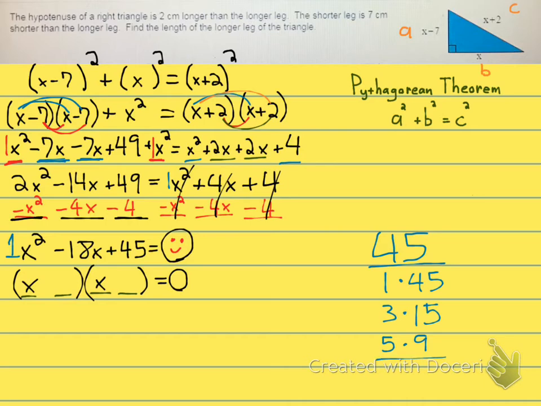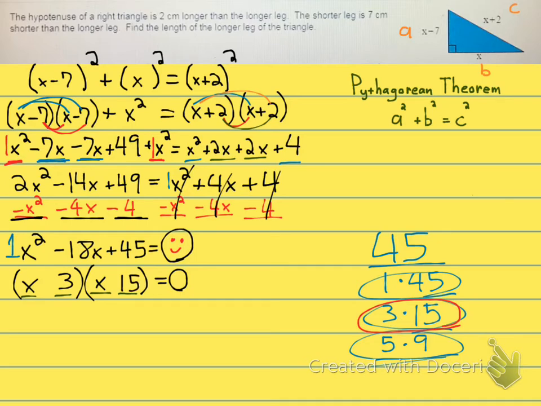And back to 9. Now, these are my possibilities. Is it 1 and 45, 3 and 15, or 5 and 9? I'm trying to get 18. Here it is, 3 and 15. So I'm going to have a 3 and a 15.